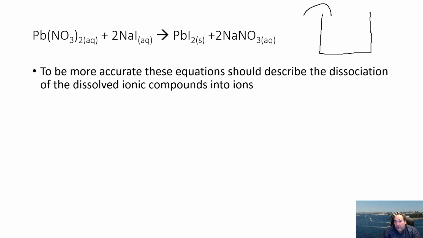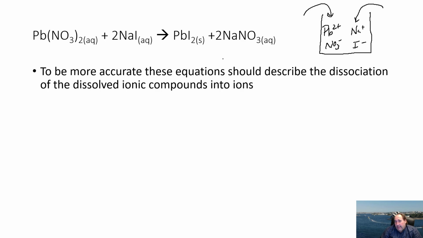As we just said, when we dump these guys in here, we have some lead ions, some nitrate ions, some sodium ions, and some iodide ions floating around.